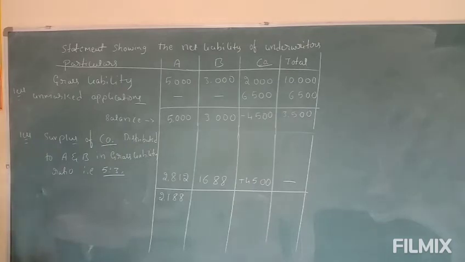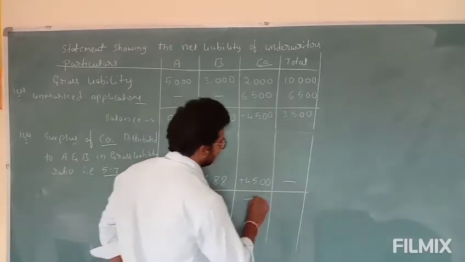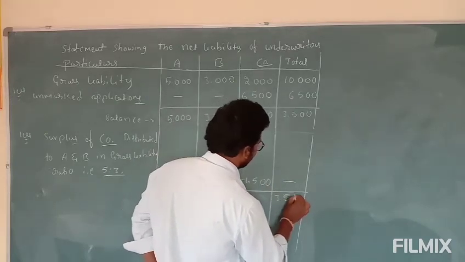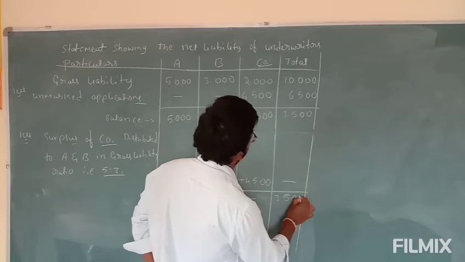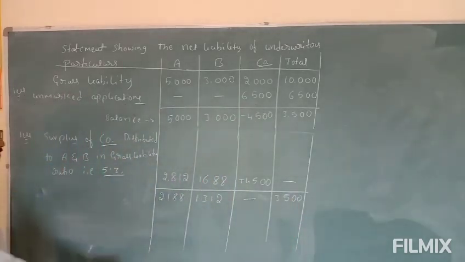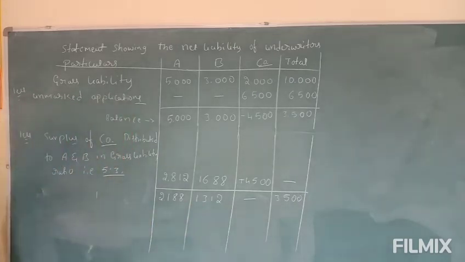Again 3,000 minus 1,688, you will get 1,312. Nil. Same, 3,500. So here they will not get any surplus, negative balance again. This will be called further balance.